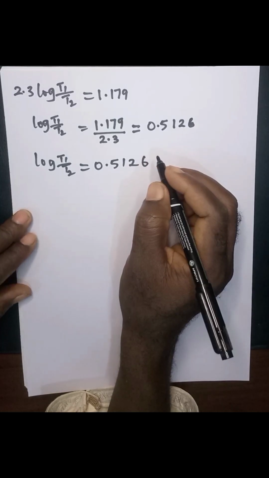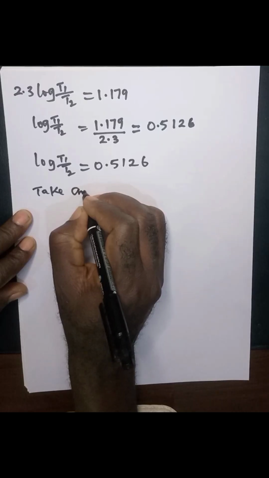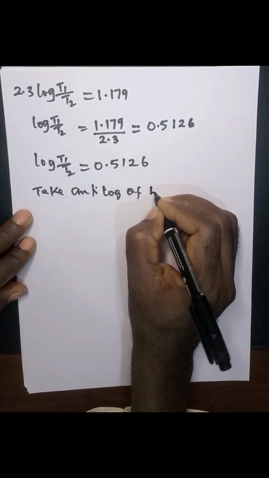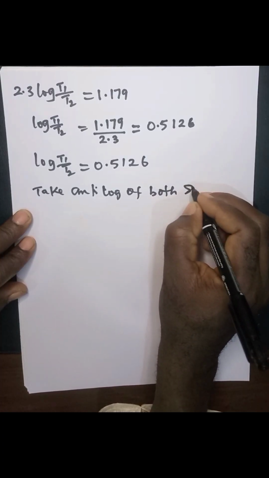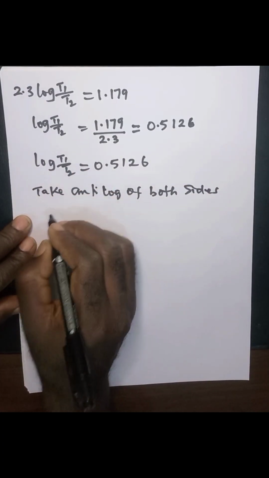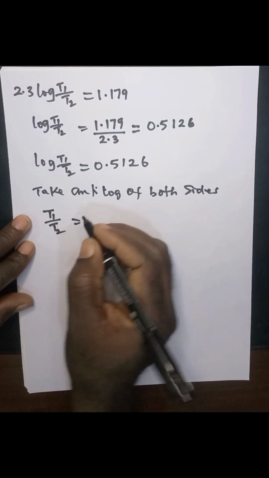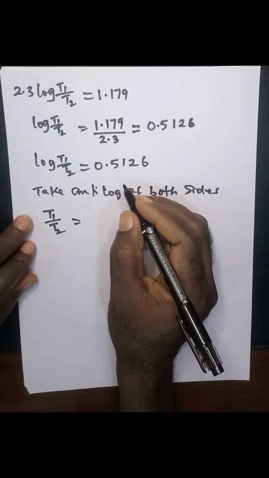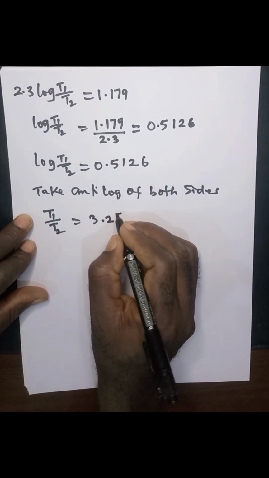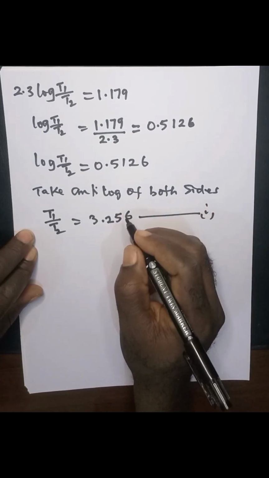The next thing is we take antilog of both sides. When we take the antilog of log T1 over T2, it will give us T1 over T2. Then when we take the antilog of 0.5126, it will give us 3.256. Now let us call this one equation 1.